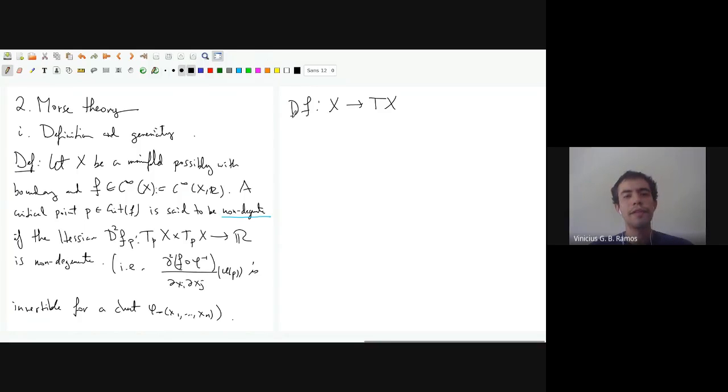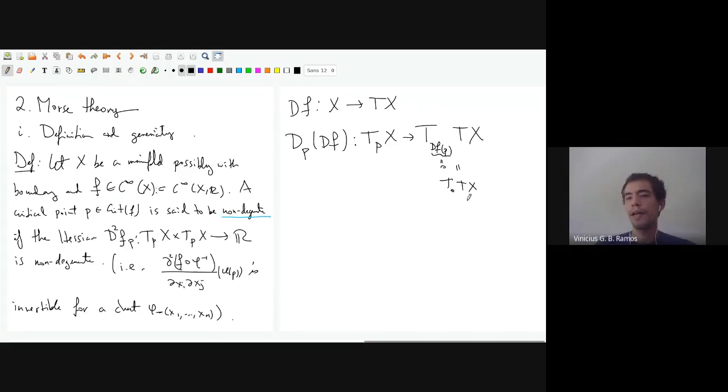So you can look at D of df at the point P. And that's going to go from the tangent space of X at P to the tangent space of df of P of TX. Okay? But df of P, we're assuming it's a critical point, so df of P is equal to 0. So this is the tangent space at 0 of TX.